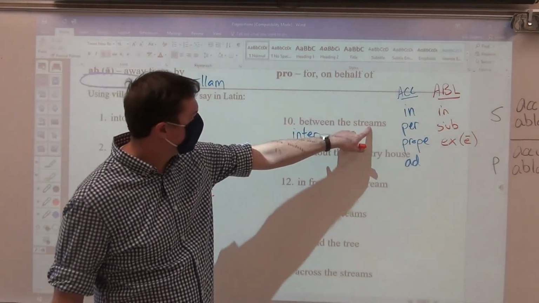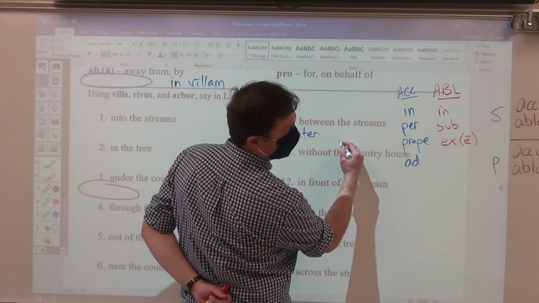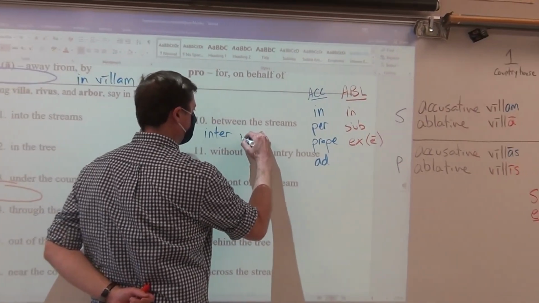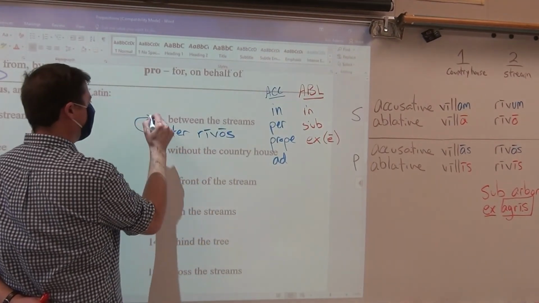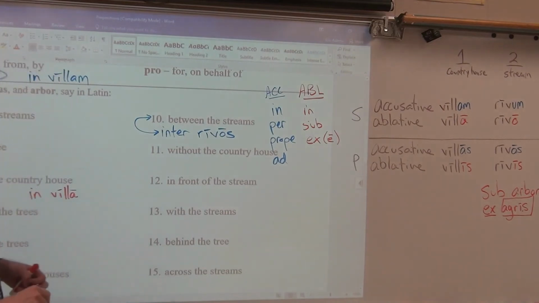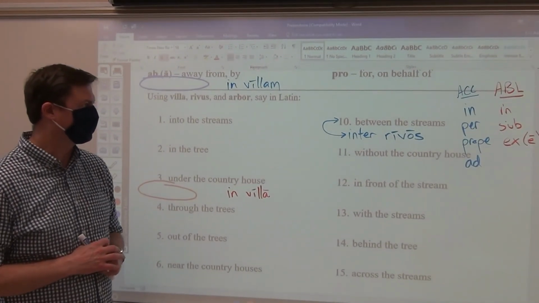And I need to put it in the accusative plural, which in this instance would be, as I look over there, making sure I got it right. And those two then are the equivalency. And that's what you're going to have to be able to do in your practice and in the quizzes themselves.